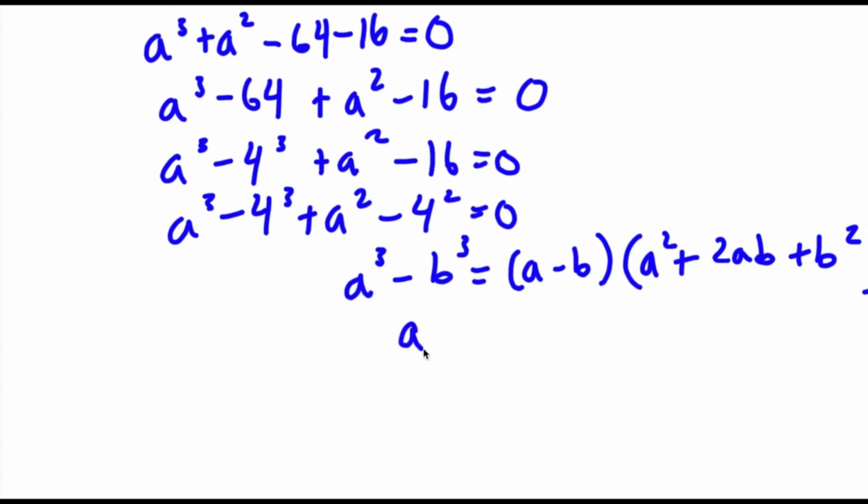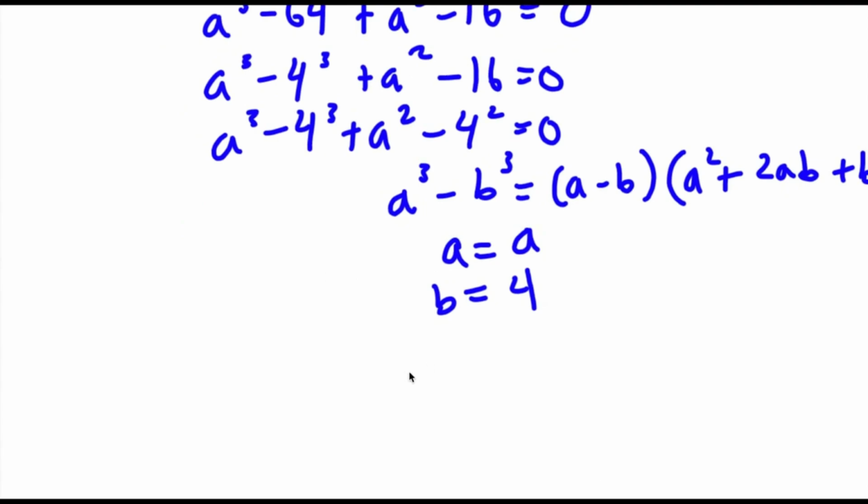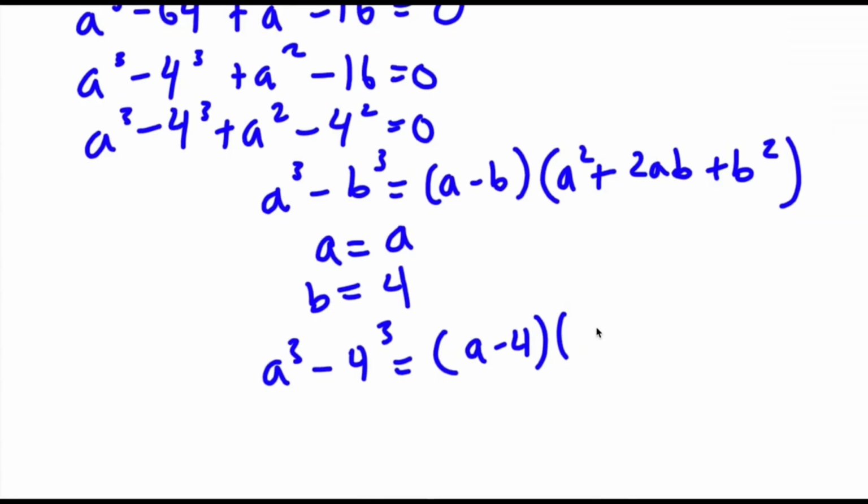So in this case, a is a and b is 4. So a to the power of 3 minus 4 to the power of 3, this is going to equal a minus b, so a minus 4 times a squared plus 2a times 4 plus b squared, so 4 squared.